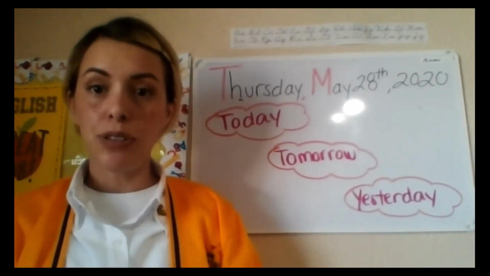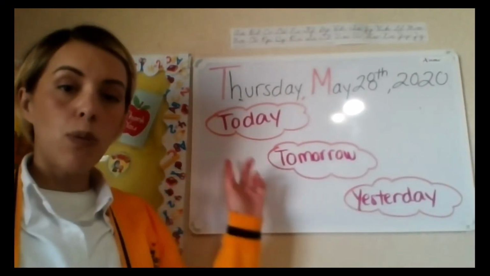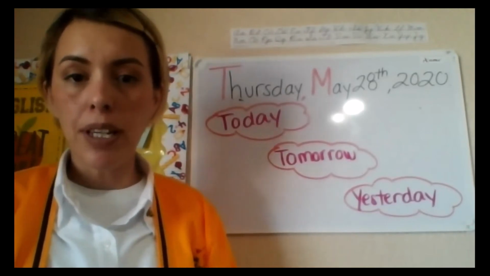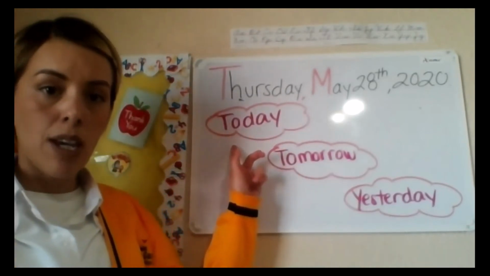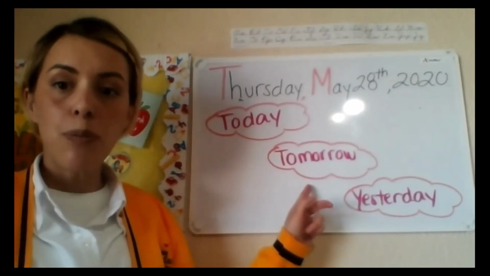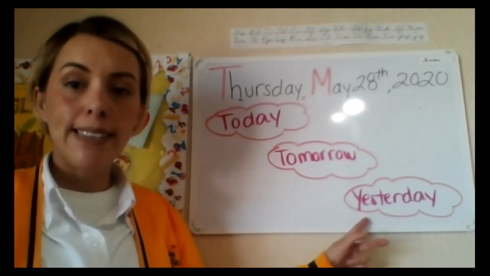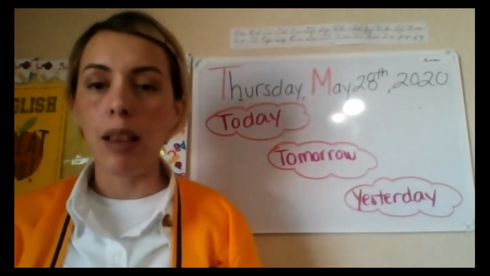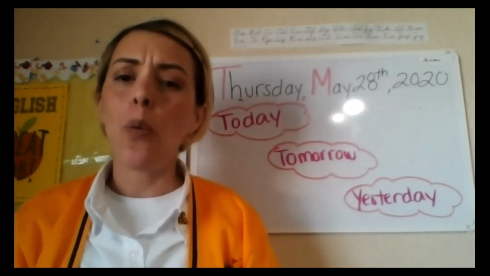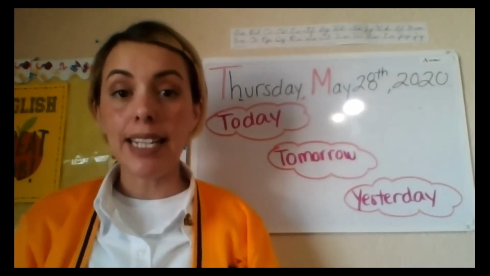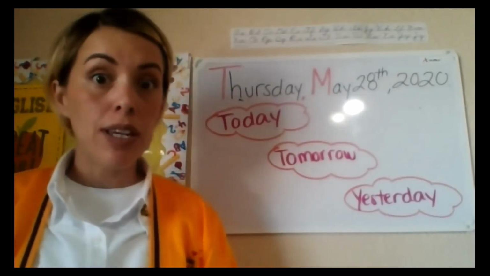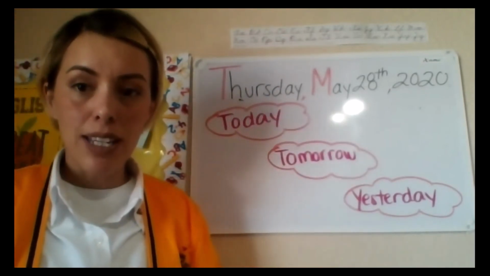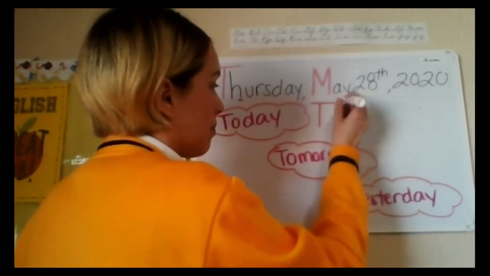Kids, let's continue. Look at the words in the bubbles. Natalia, can you help me read? Today, tomorrow, yesterday. Remember that those words help us understand what day it is. Let's make an example. Today is, yes, today is Thursday.